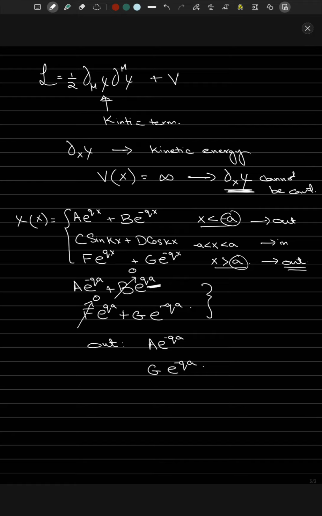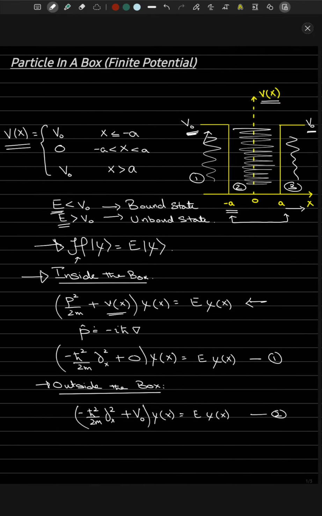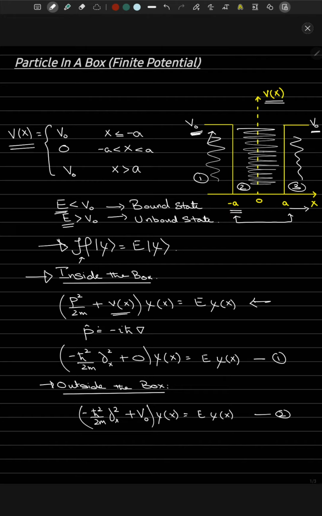Now another simplification that I'm going to use here is that if I look at this diagram for the finite square well, I can crystal clear see that the potential energy function is symmetric with respect to this origin O, right?